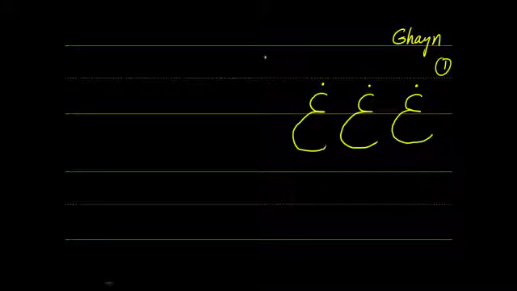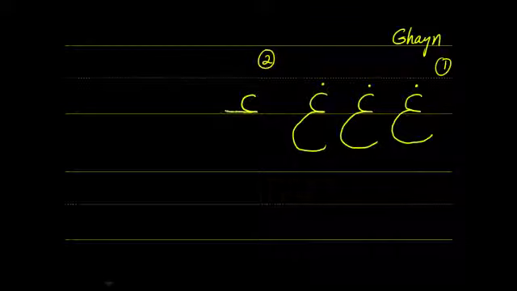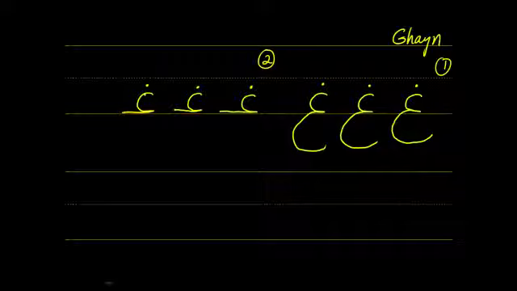Like that. Now in the initial position, the ghayn sits above the line. So we're going to write it like this, with a dot above. And it will connect to a letter after it. Again, like that. One more time. Like that.